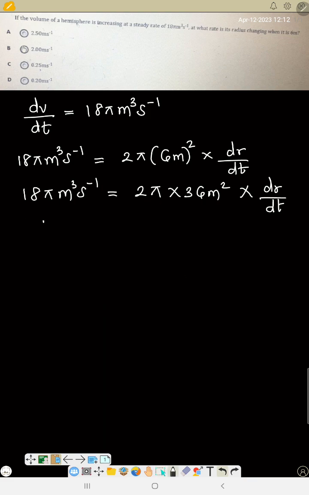This is the same thing as 18π m³ per second equals 2 times 36, that's 72π m², times dr/dt.